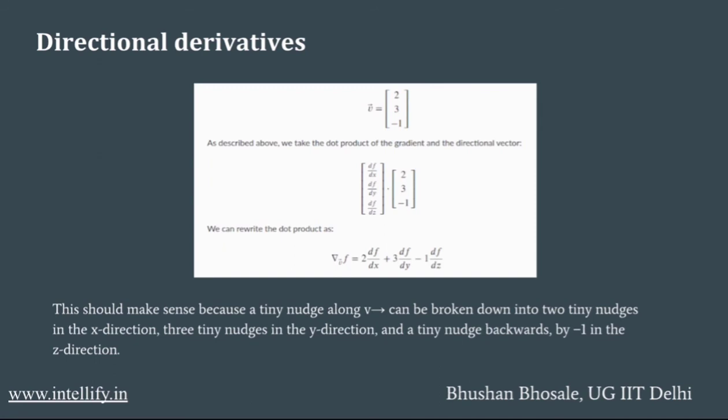So we can rewrite the dot product as 2 df/dx plus 3 df/dy minus 1 times df/dz. This should make sense because a tiny nudge along vector v can be broken down into two tiny nudges in the x direction, three tiny nudges in the y direction, and a tiny nudge backwards by minus 1 in the z direction.